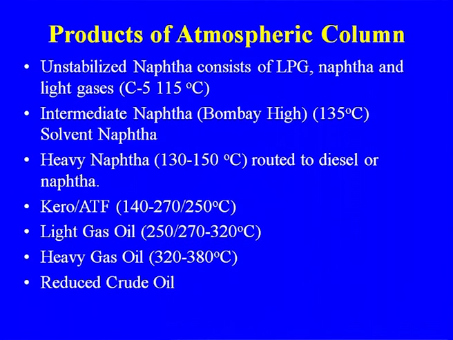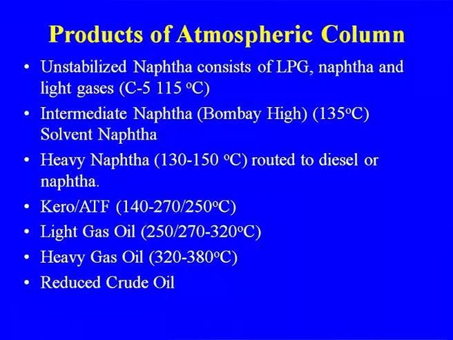The temperature, actually the cut which you are taking, different cut, the temperature is because some component of the kerosene, some component of diesel, all those things may be there. So, light gas oil or the diesel fraction, reduced crude oil, which will go for further processing, further separation to the distillation column.